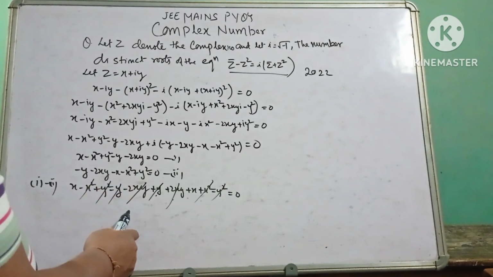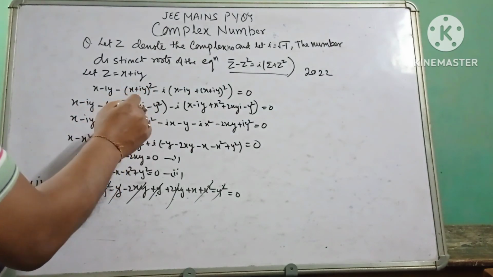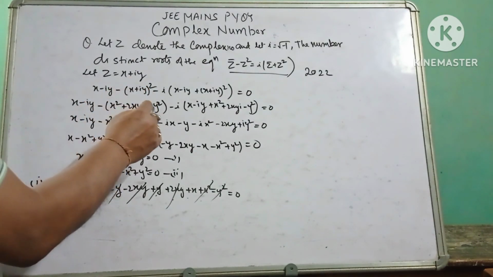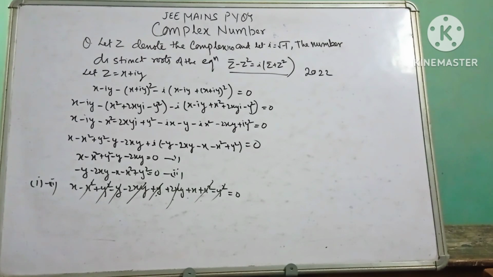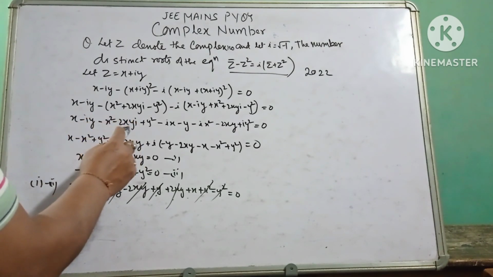Here, let me see again: this is x square plus 2xy, i square means iota square, that means minus 1, so it comes out to be this minus this.